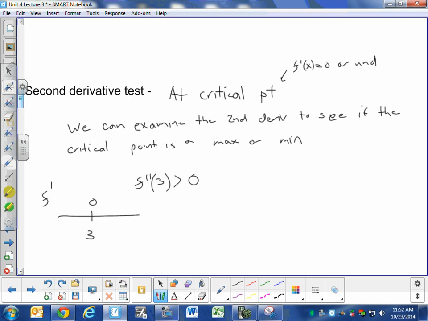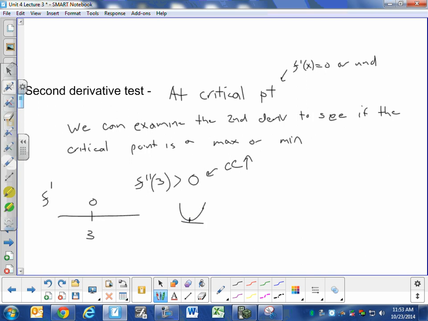What is f double prime being positive telling me? F double prime being greater than 0 is telling me I'm concave up at this point. If I am concave up at a critical point, is it a max or a min? A min. Concave up. This is a critical point where the horizontal tangent is 0.